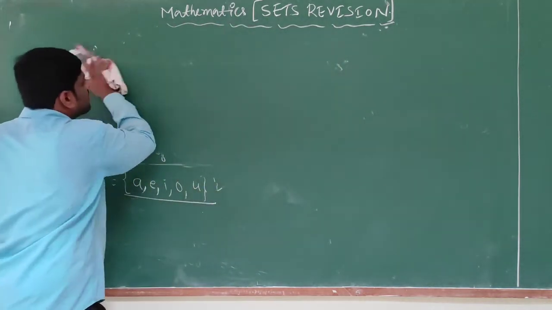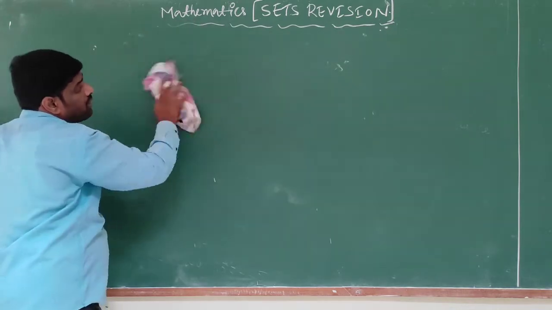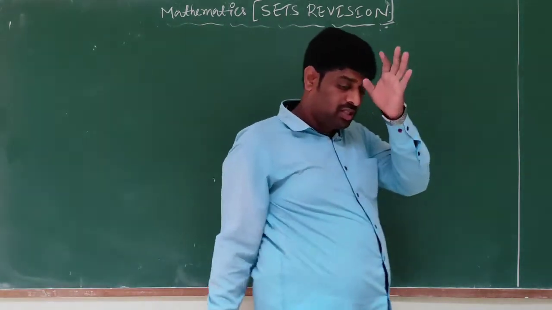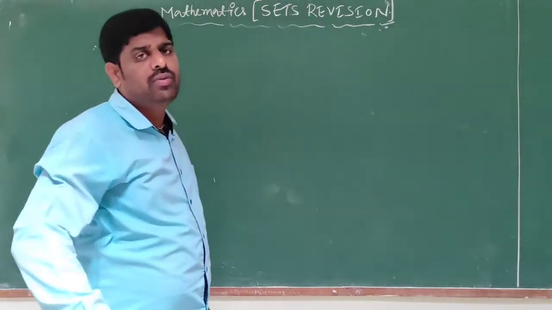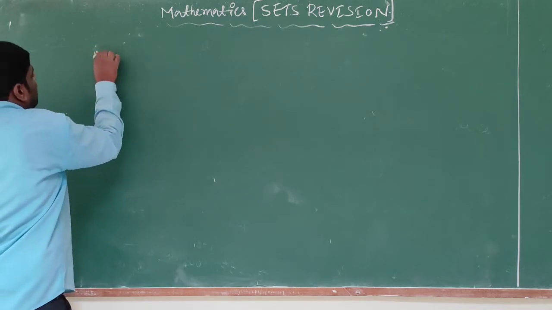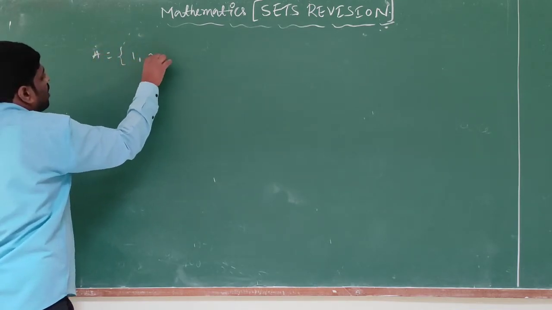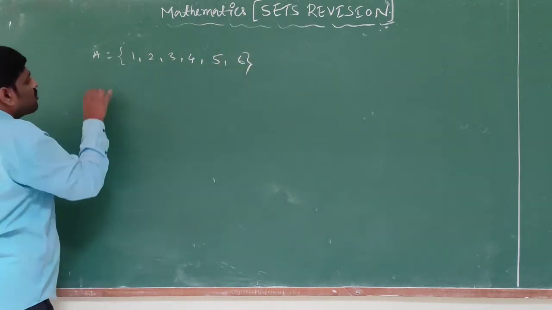In the first exercise, how to convert roster method to rule method and rule method to roster method. Now I will give one example. A is equal to 1, 2, 3, 4, 5, 6. This is roster method.